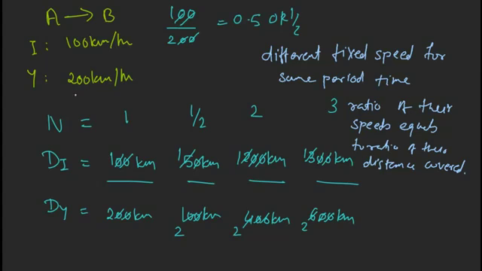So this is what we get when you and I both were traveling at some fixed speed and for the same interval of time. The ratio of the distance covered has remained constant.